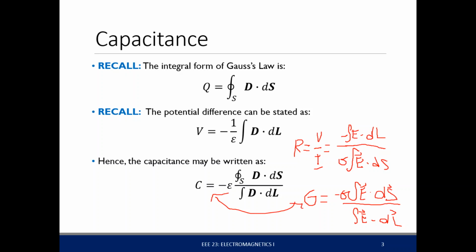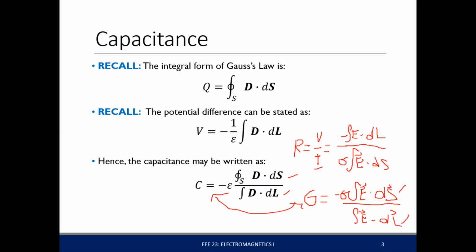You can see that the conductance is a surface integral divided by a line integral. The capacitance is also a surface integral divided by a line integral. So there are actually similarities between them, which we will go into in future lectures.